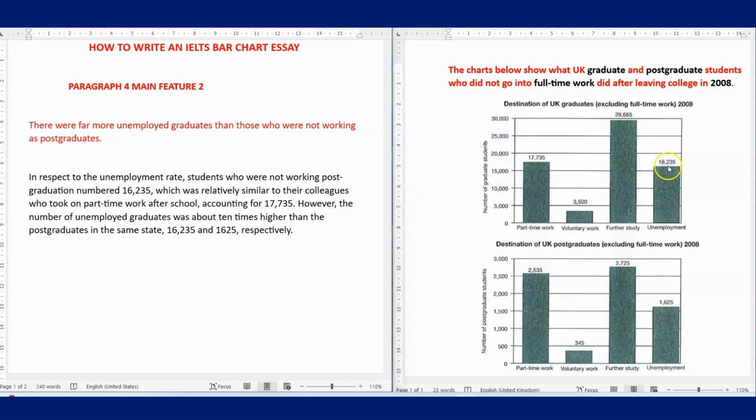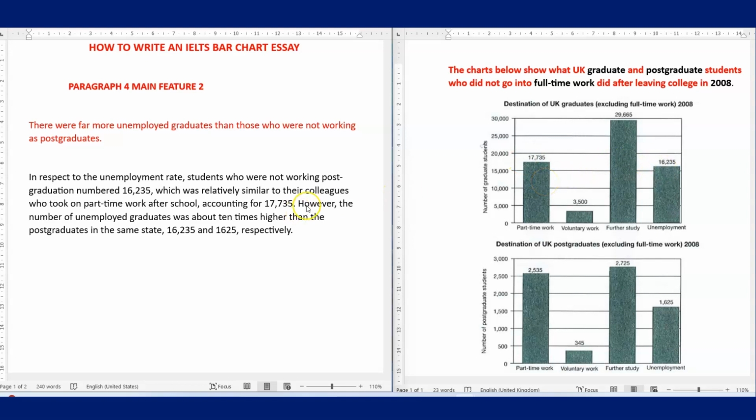So if you check the 16,200, it's quite similar to the 17,735. So we stated that, which was relatively similar to their colleagues who took on part-time work after school, accounting for 17,735. So we now compared this to that.